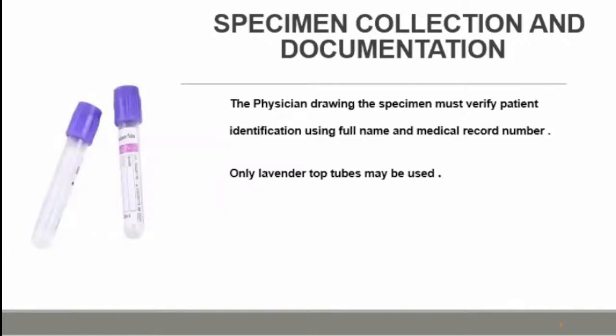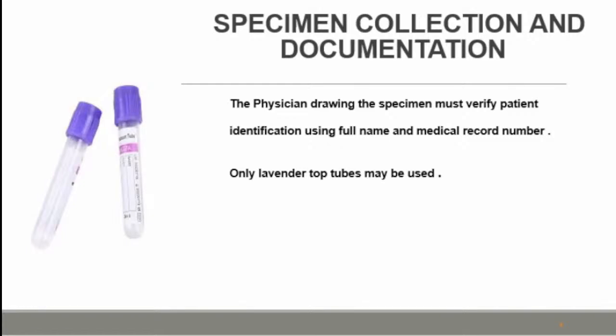So what we would ask of you as a physician is that when you draw a specimen, the first thing that we would like for you to do is to make sure to verify the patient identification using the full name and medical record number as the two unique identifiers for that patient.